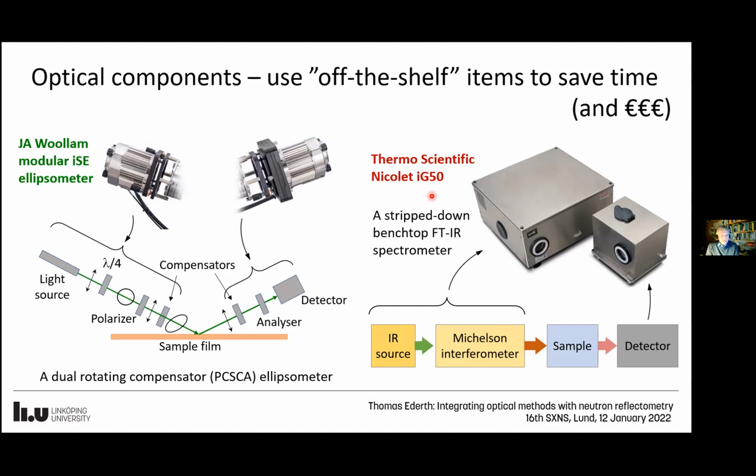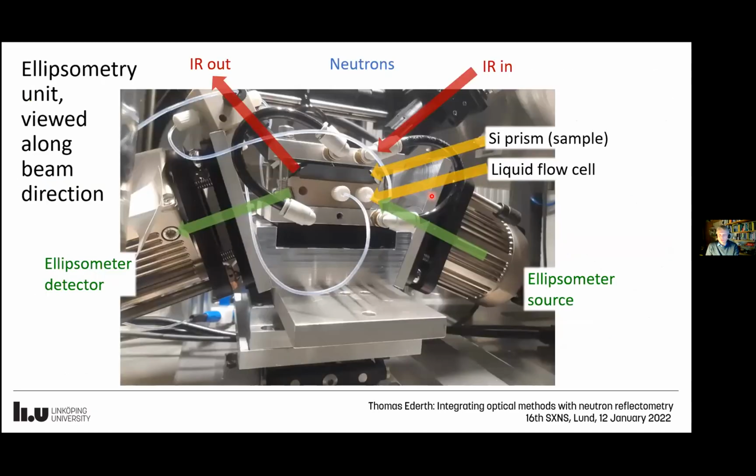These are the bits and pieces that we put together, with a liquid cell and some optical interfacing, to do experiments. Images of these types of systems are hopeless because they are very cluttered, with a flurry of cables and pipes and tubing. But here's an attempt to show what the setup looks like. At the center, there is the trapezoidal prism, the silicon block, which is actually the sample.